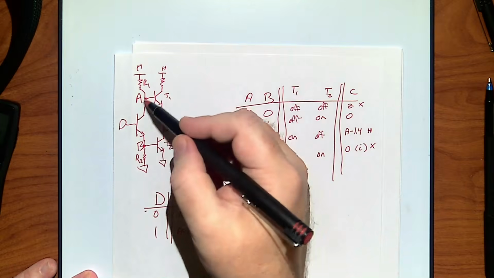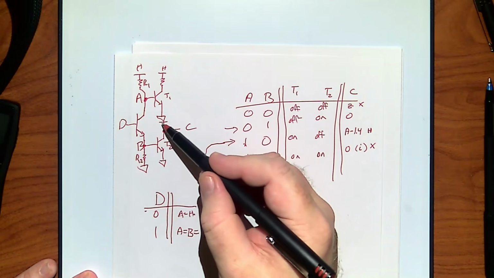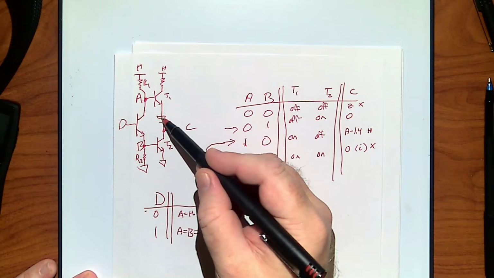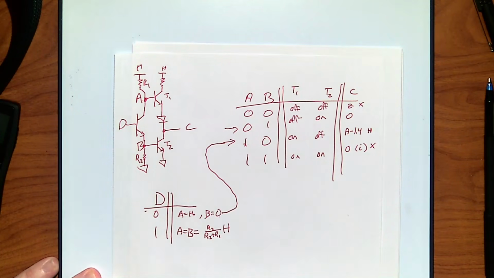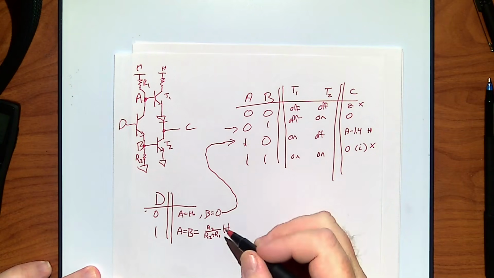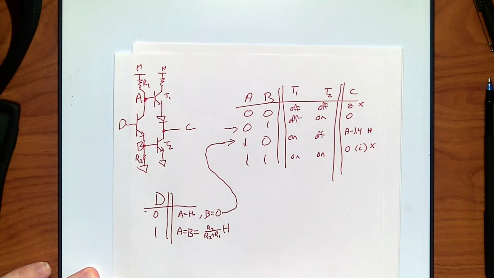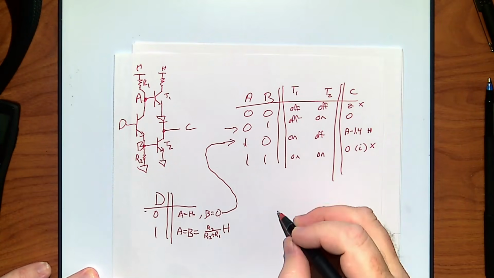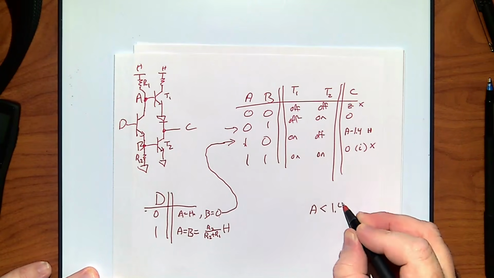So A has to be bigger, in essence, than both of these voltage drops here, diode 1, diode 2, and whatever that gap is, whether it's on or off. Does that make sense? So for A to be on, it has to be bigger than 1.4. So I'd really like A to be less than 1.4.